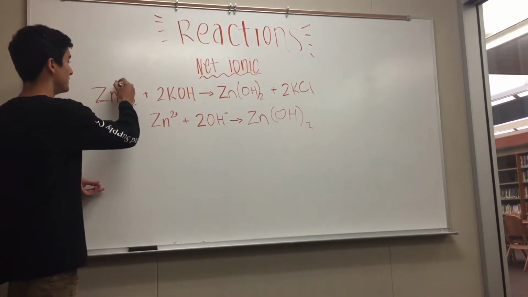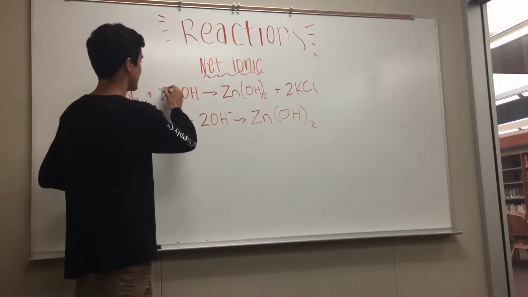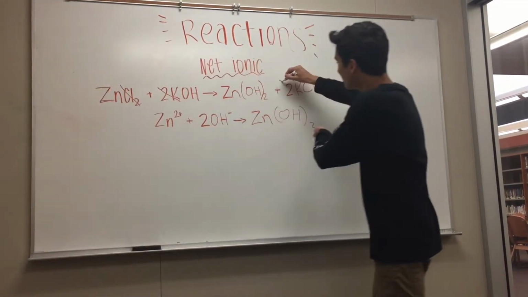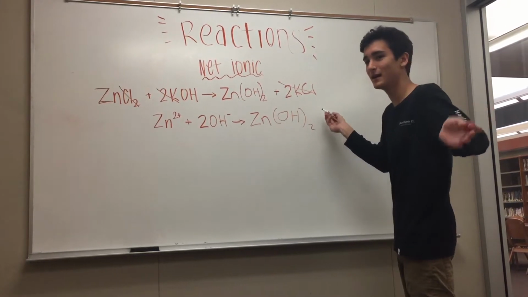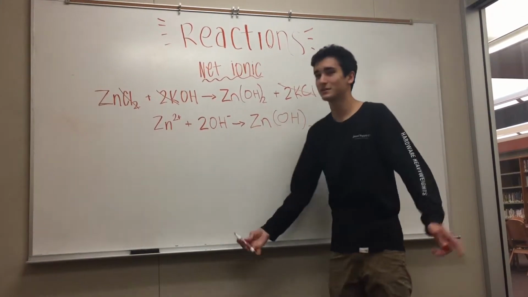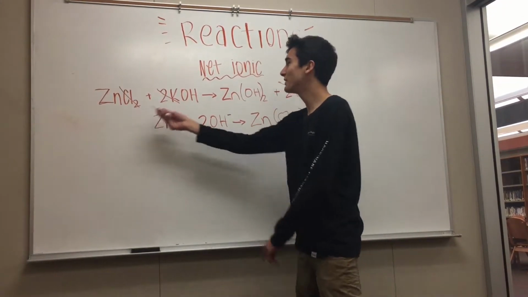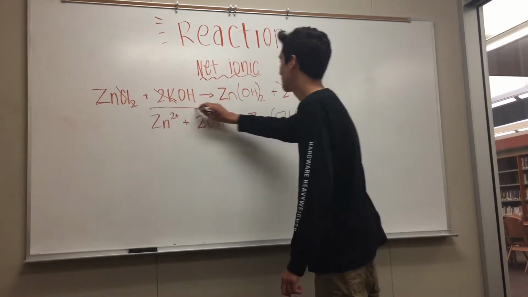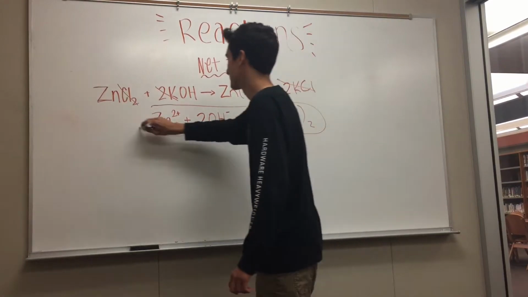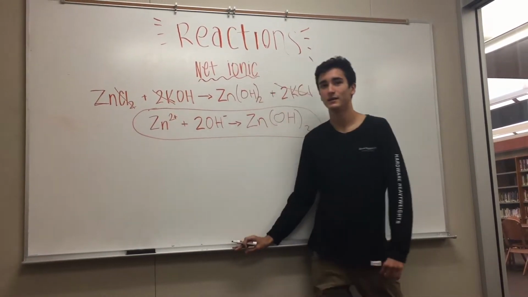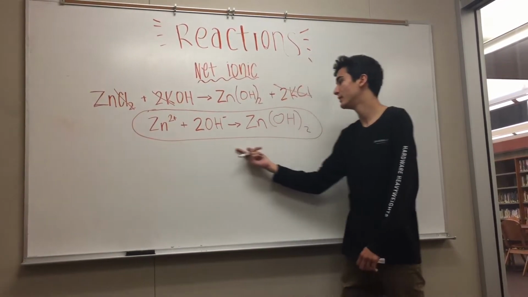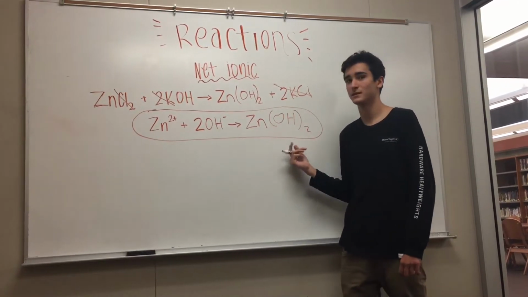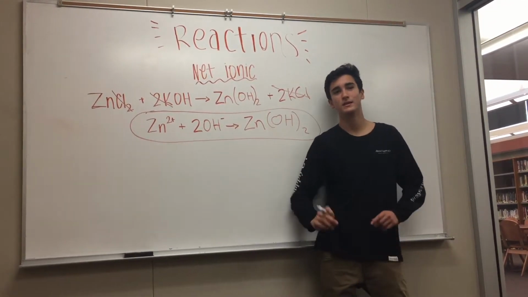So, you can get rid of that and get rid of that, because why do we need this guy? It's a spectator ion. It just sits there and chills. So after you get rid of all the spectator ions in the equation, you are left with the net ionic equation. The net ionic is all of the substances that actually take place in the reaction.